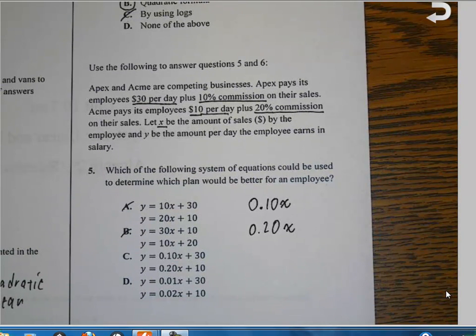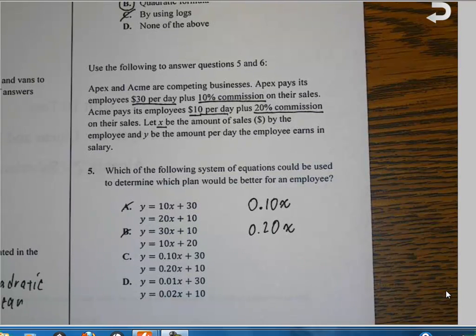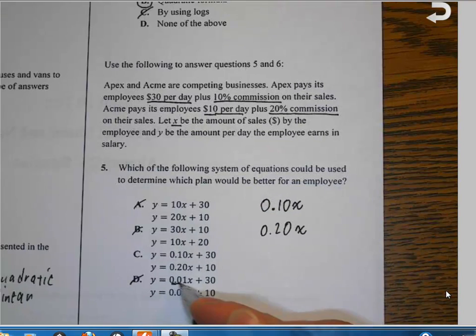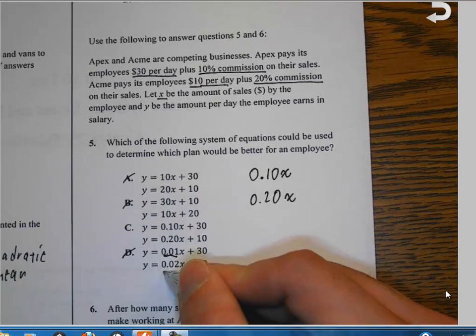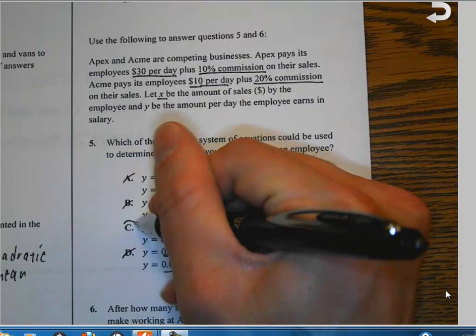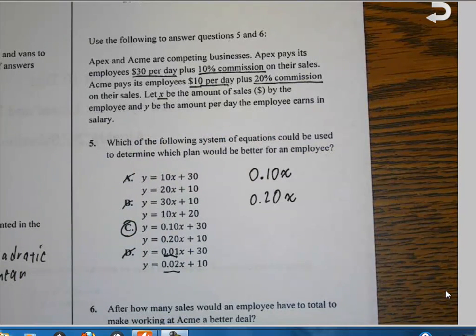Actually, without even going much further, you can also eliminate D because this is 1% and this is 2%, not 10 and 20% respectively. So in a lot of ways, this was not even a systems problem. This is, hi, do you know how to do basic decimal to percentage conversions?